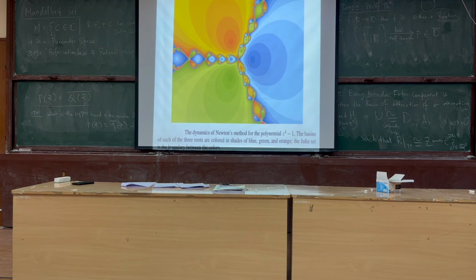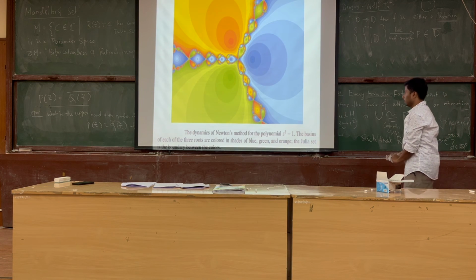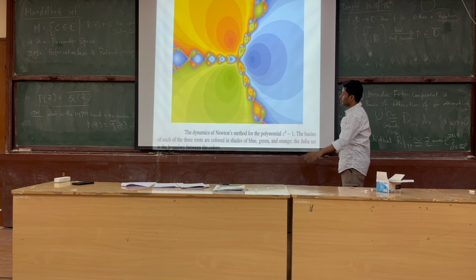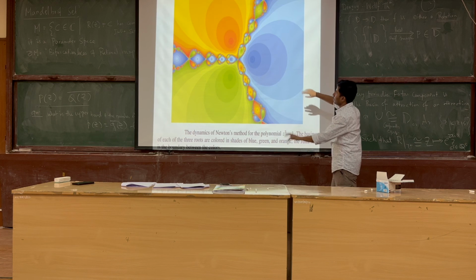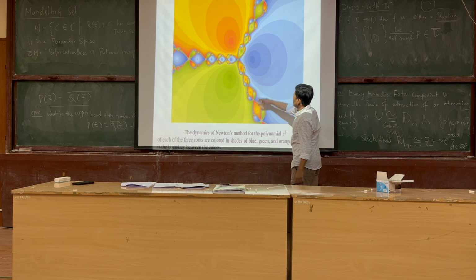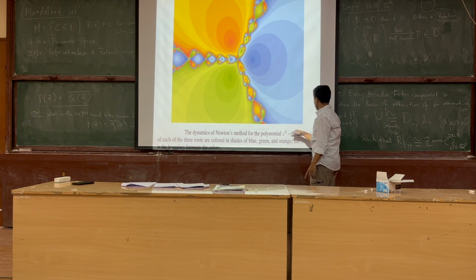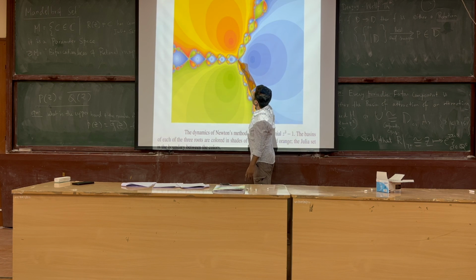Here is another one, z cubed minus 1. This is also a polynomial. So we go to Newton's method and check that these are the attracting points, the greens and so on. These are precisely the 3 basins of z cubed minus 1, with the 3 roots here. But we can't say anything about these points.